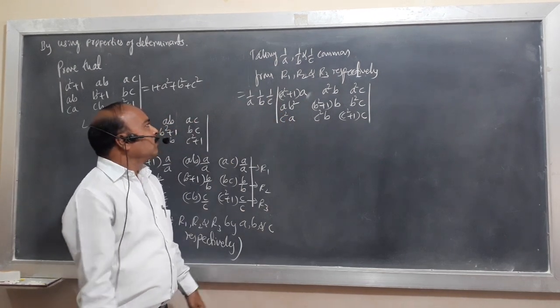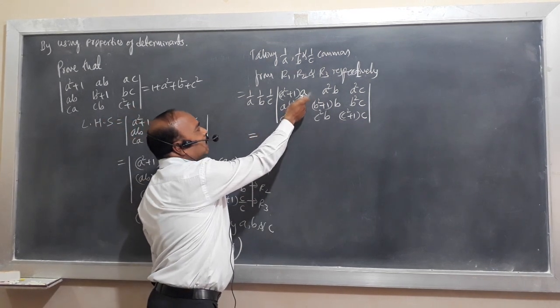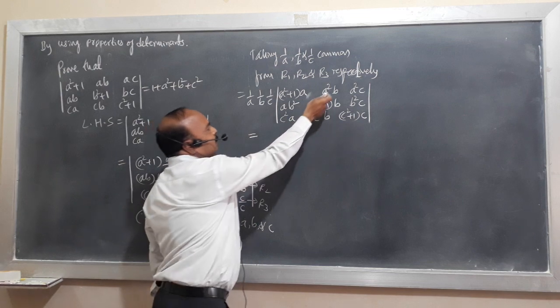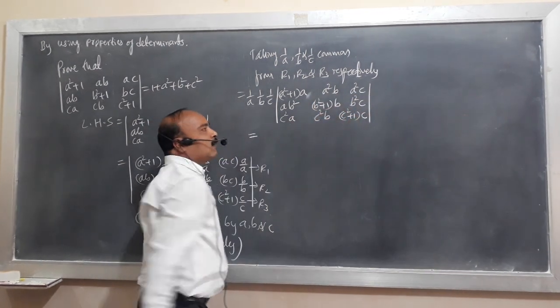Now we observe once again that A is common in the first column, B is common in the second column and C is common in the third column.